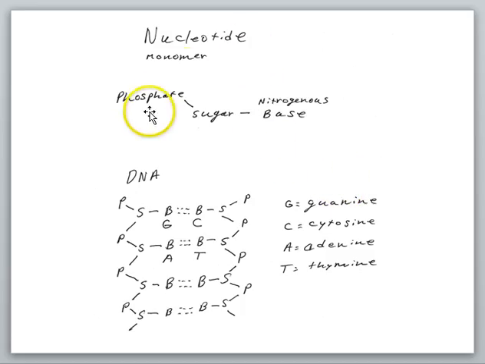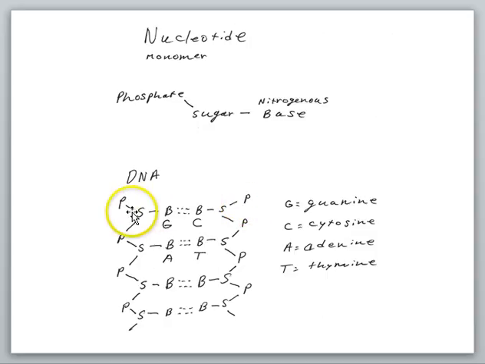Now notice right here, here's a different version saying the same thing. Here's our nucleotide, it's a monomer. We've got a phosphate bonded to a sugar, bonded to a nitrogenous base. And so that would be our monomer. DNA or RNA would be our polymer. So we have, here's phosphate, sugar, base. That would be a nucleotide bonded to base, sugar, phosphate.